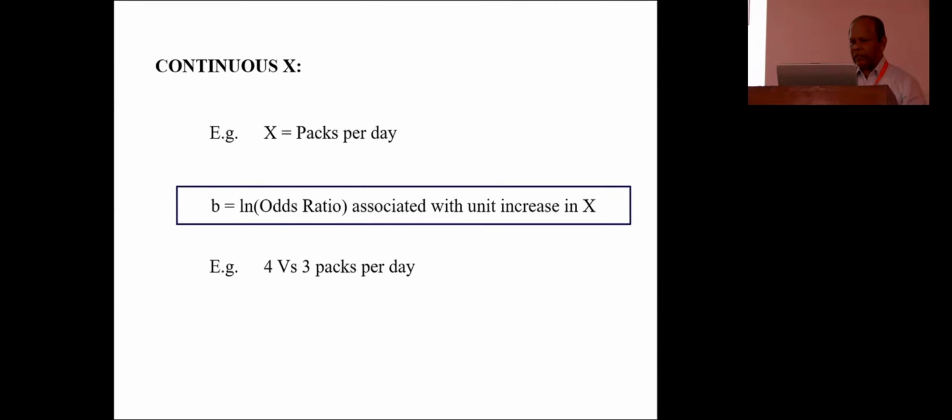E power B is the odds ratio. So in logistic regression, whenever you get a regression coefficient, which you have seen earlier, if you take the anti-logarithm or exponentiation of that, it gives you the odds ratio. The interpretation is similar: for a 1 unit change on the x-axis, what is the corresponding change in terms of odds?